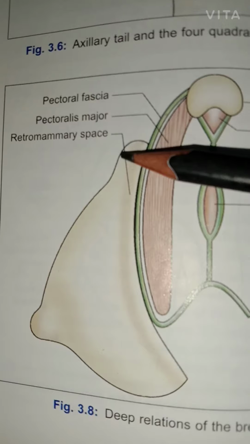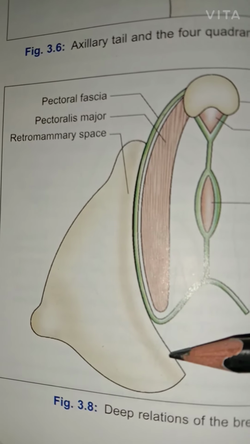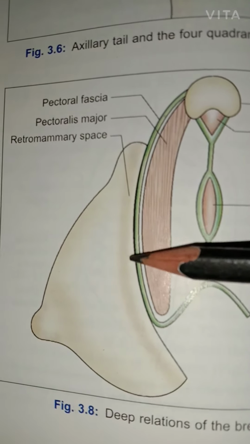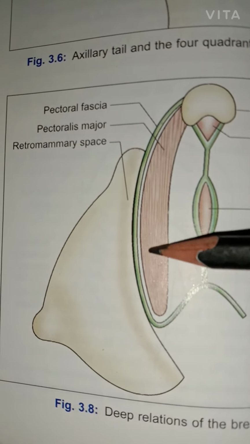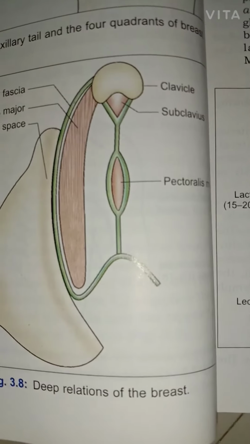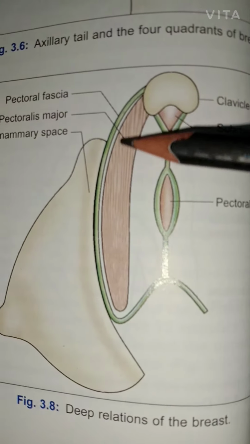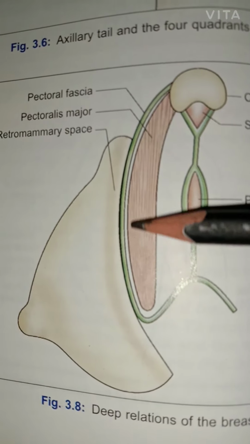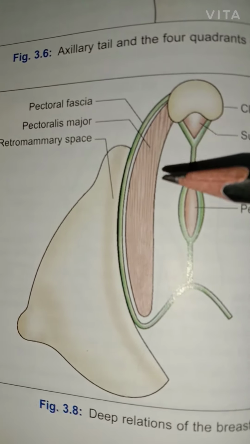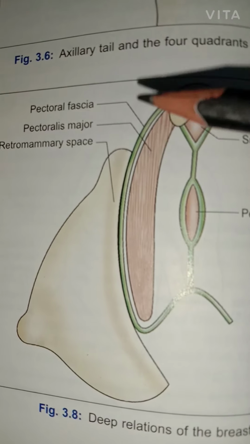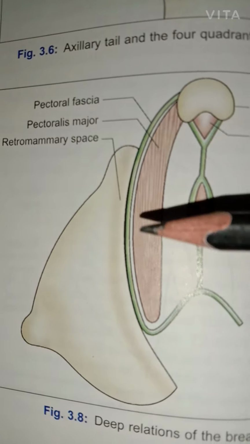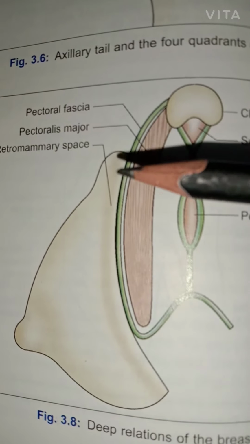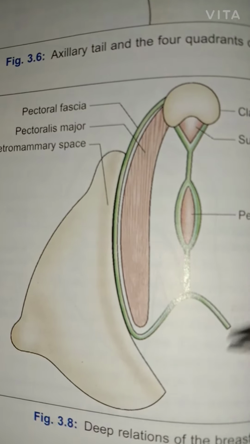Here you can see the retromammillary space, and this is the pectoralis fascia, and deep to it is the pectoralis major muscle. Because of the presence of the loose areolar tissue in the retromammillary space, the breast can be moved freely over the pectoralis major muscle.